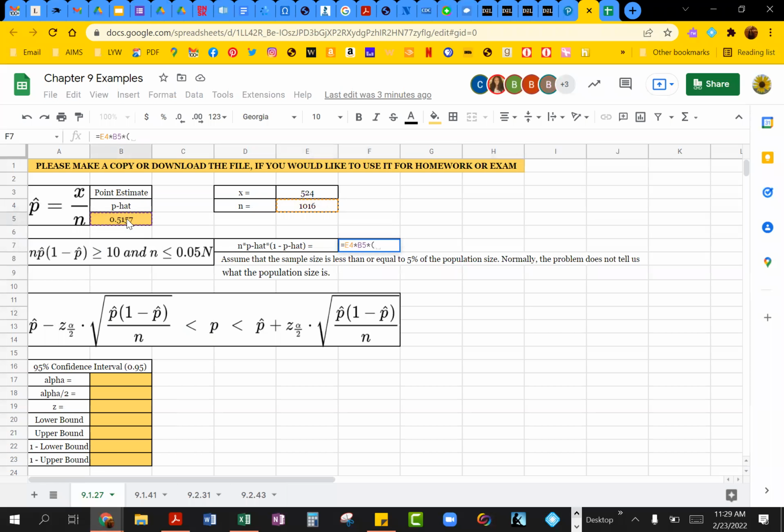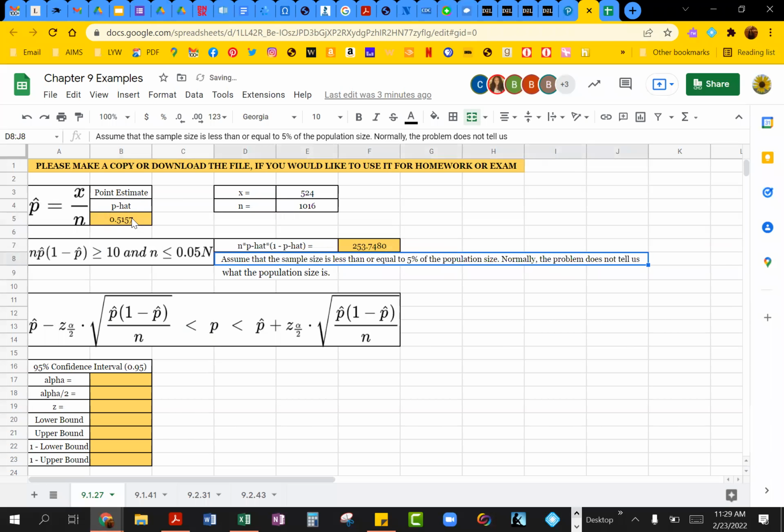And then in parentheses, I'll type in the 1 minus p hat. And of course, for the p hat, I'll click on that cell again. You can see, once you change those x and n values, this calculation will also automatically change. And you will see, guys, in this case we have a pretty large number. Obviously the requirement was at least 10, but we're definitely more than 10. So those two requirements are being met.